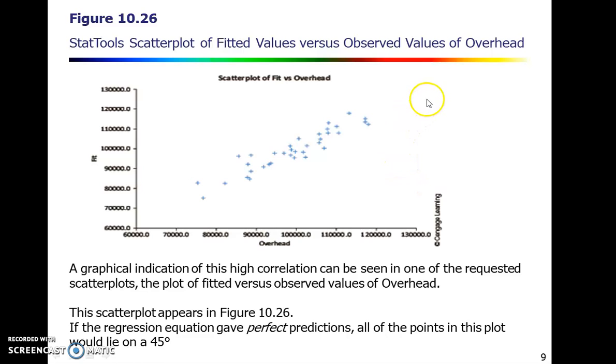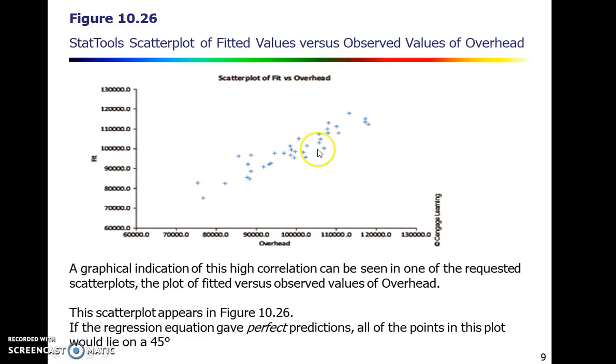The same values we plotted as a scatter plot. Here we have taken two variables, overhead and points. So everything is scattered over here. The graphical indication of this high correlation can be seen in one of the requested scatter plots: the plot of fitted values versus observed values of overhead.